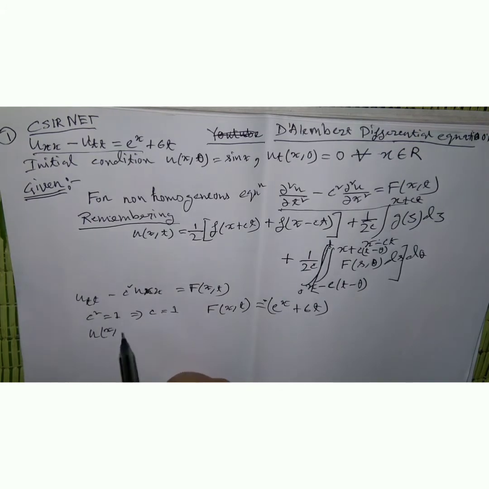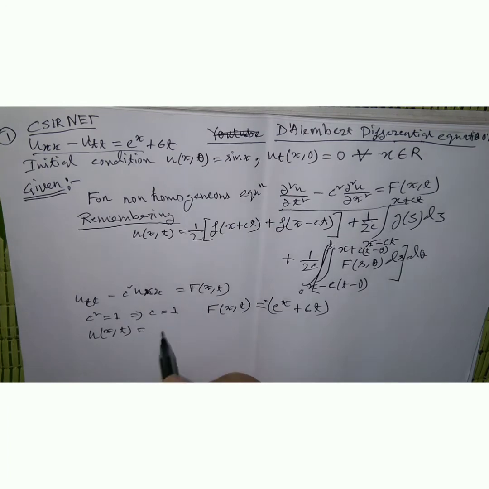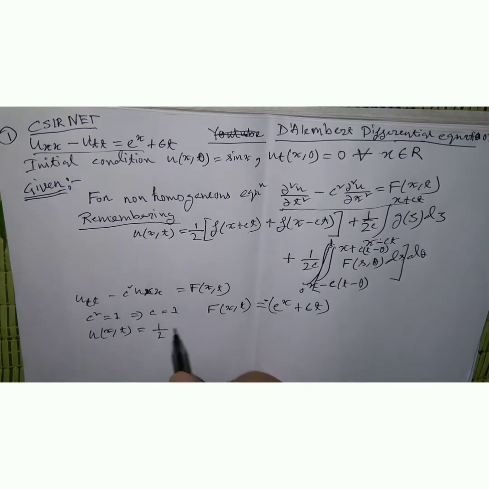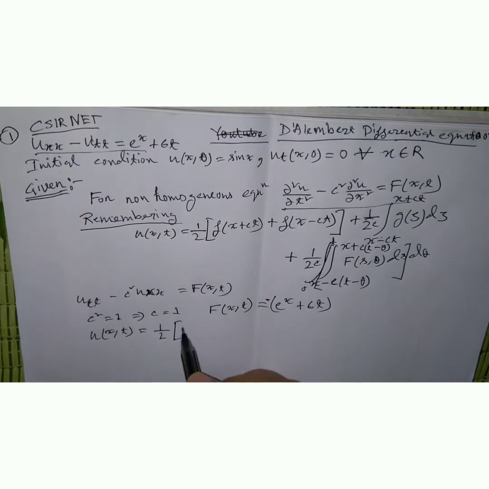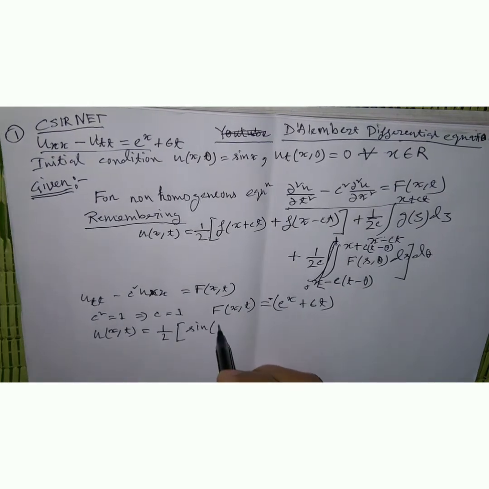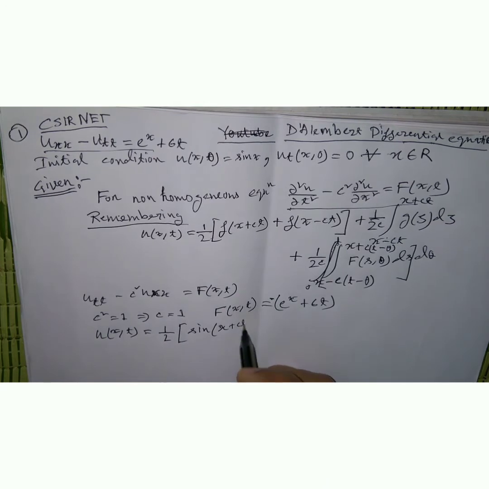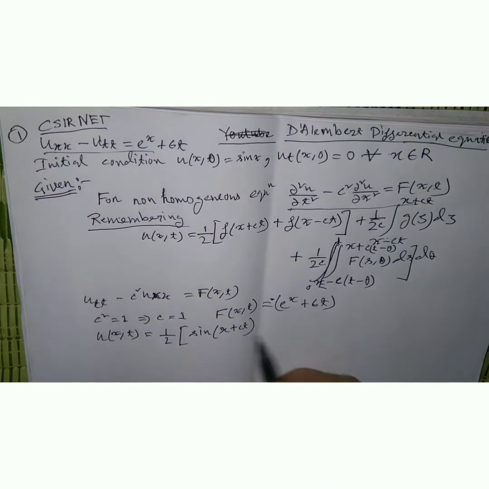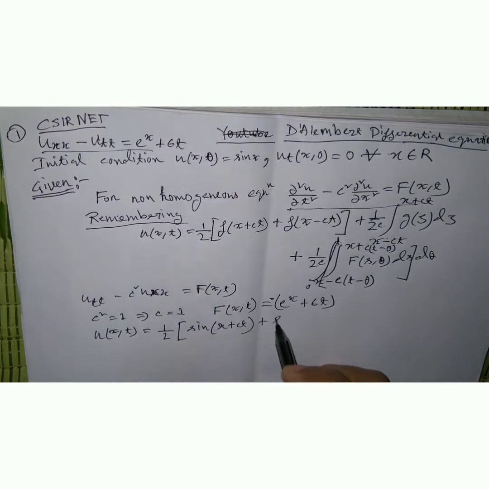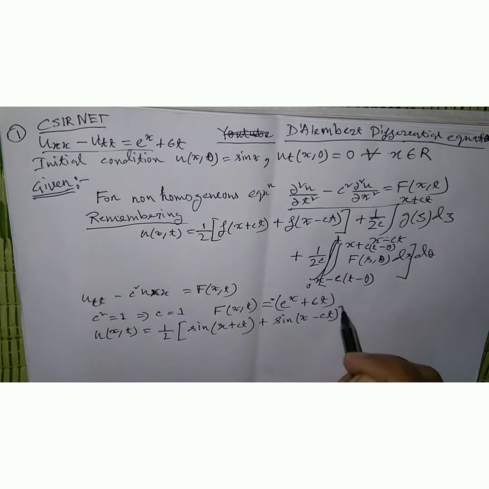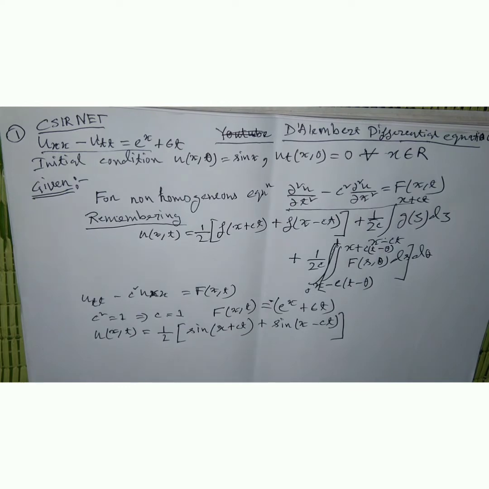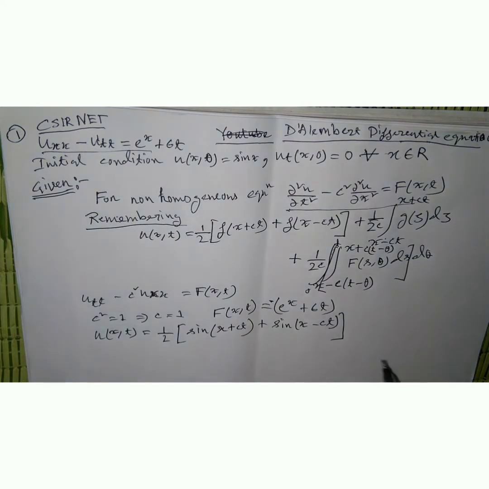So u(x,t) is equal to half f(x+ct), where f(x) means sin x, plus sin(x+ct) plus sin(x-ct).